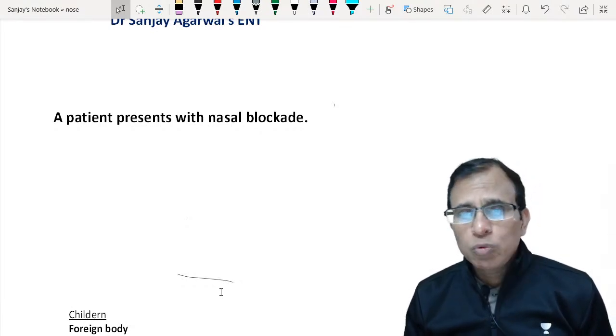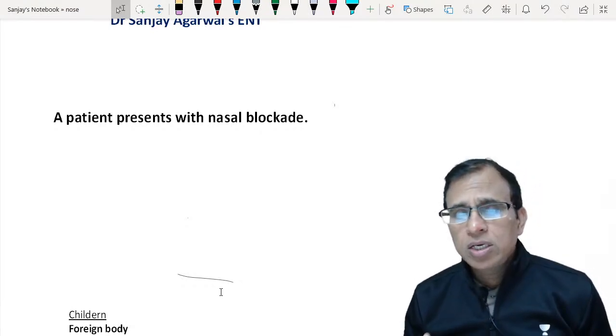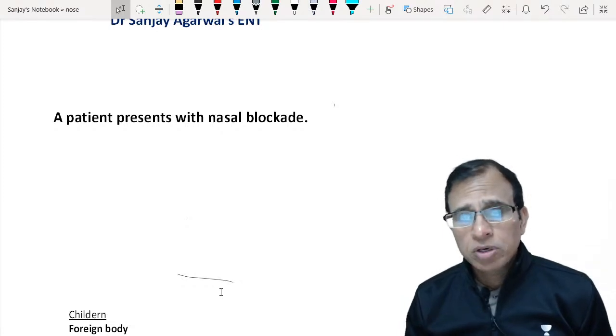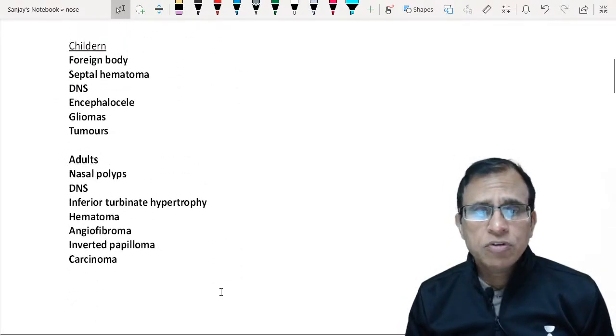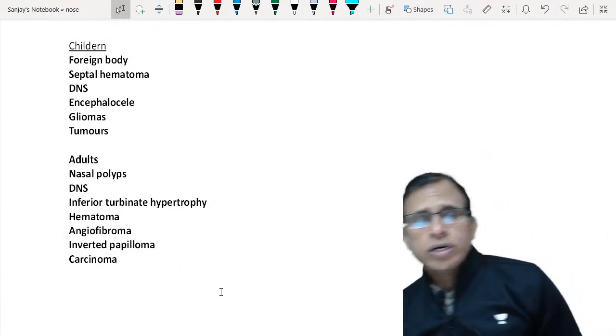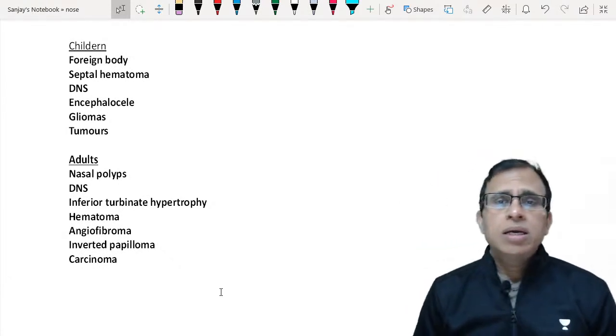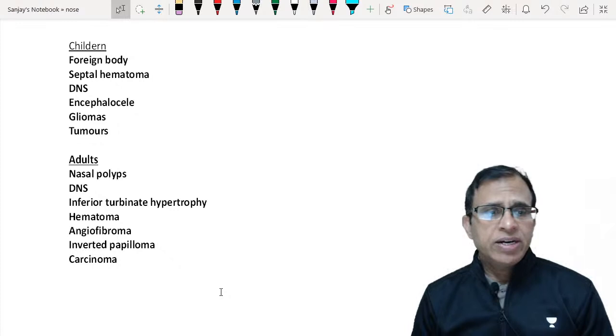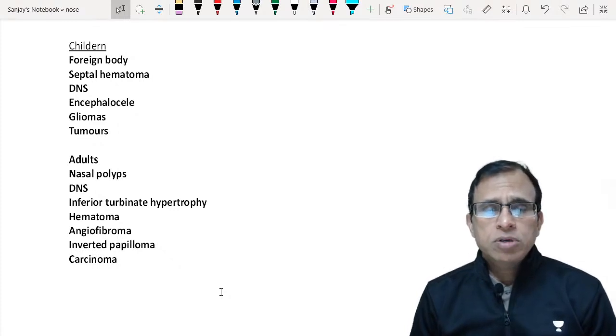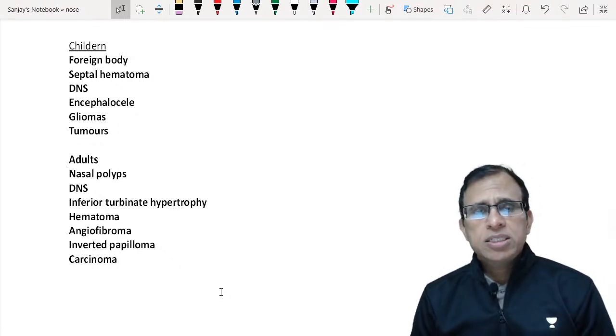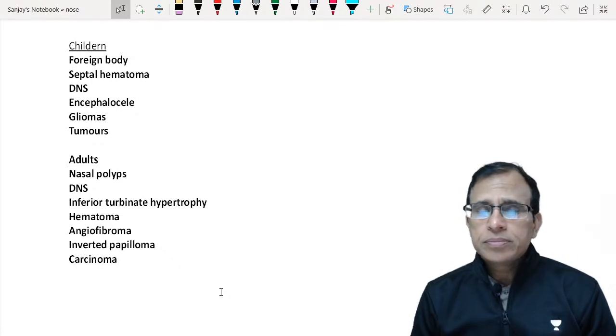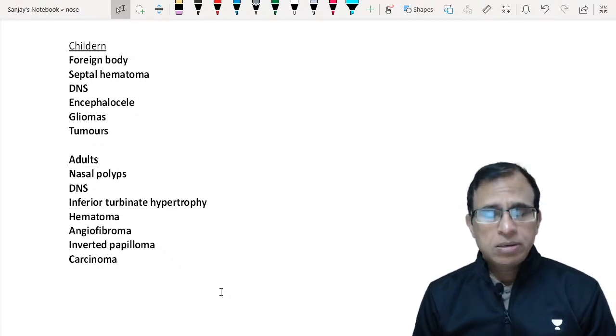Now, first thing is, when the patient says, I have nasal blockade, what are the possible causes of nasal blockade? And this is the list of common conditions where nasal blockade can happen. And I've divided these causes of nasal blockade into two categories, in this case, children and adult.